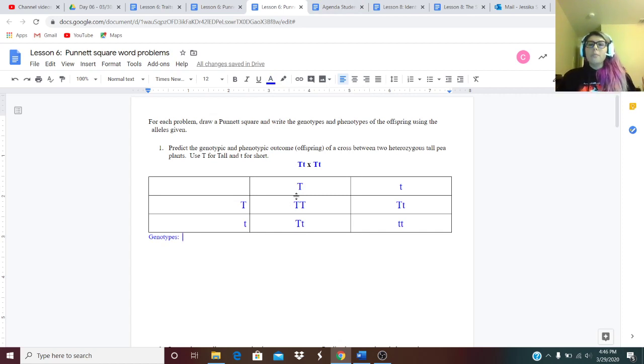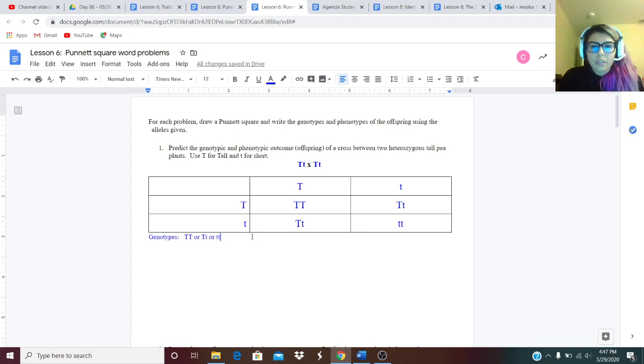So what are all my possible codes? Well, my first possible code is going to be capital T, capital T, or homozygous dominant. My other option is going to be heterozygous dominant, or capital T, little t. Now, I noticed that it's in 2 boxes. I'm not going to repeat that twice, I'm just going to consider that as another option, so capital T, little t. And then finally, my last option is going to be homozygous recessive, or little t, little t.